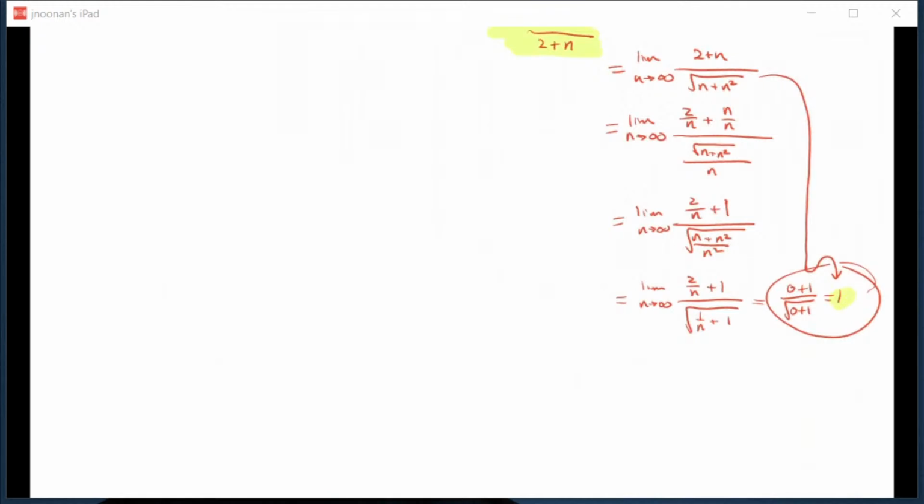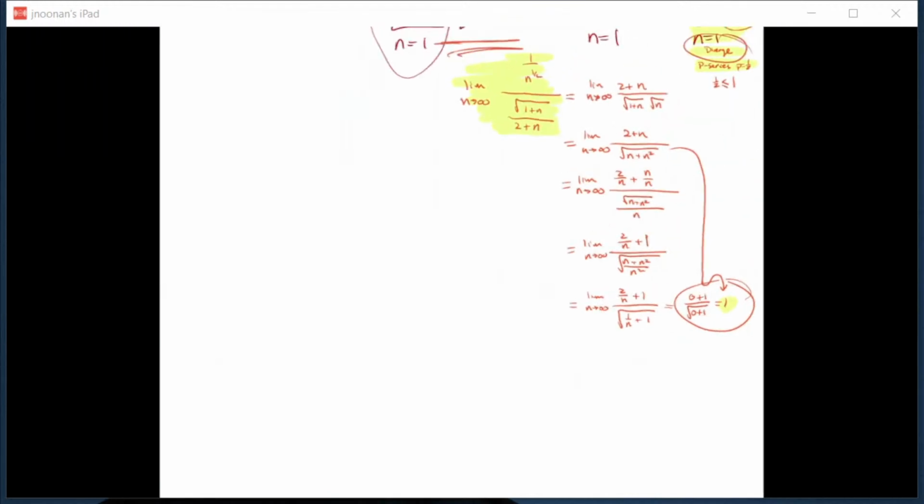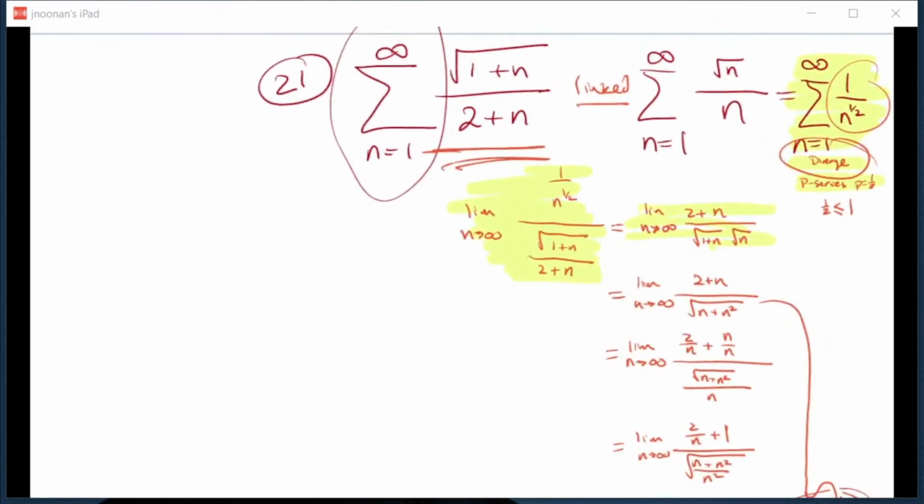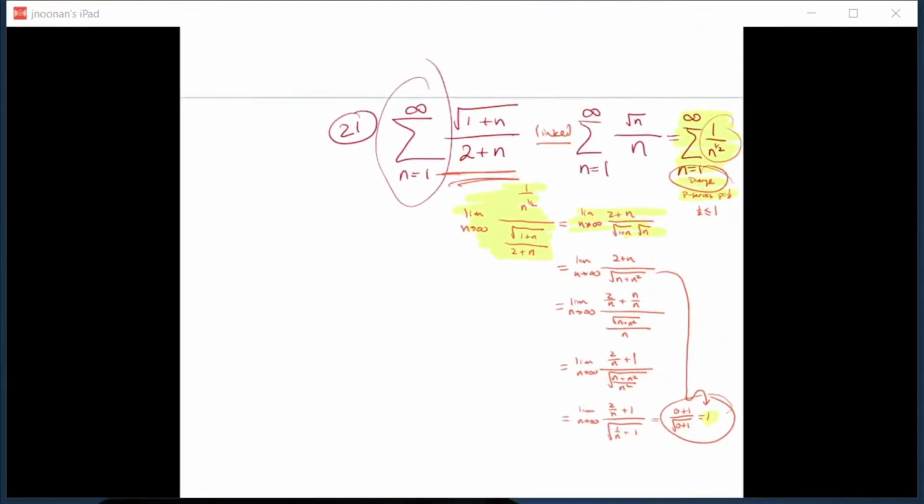I suppose it might be helpful to have a little bit of intermediate work there, but the highlighted stuff is kind of like the bare minimum. You need to have a series that you're comparing this to. You need to have a limit, and then as long as it's non-zero and not infinity, you can say that they're linked.